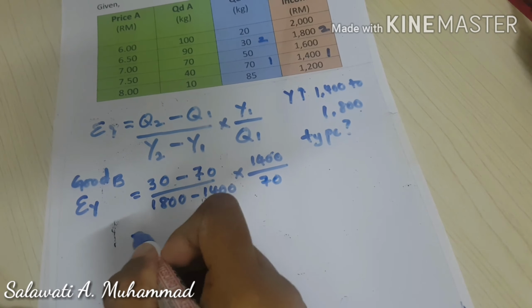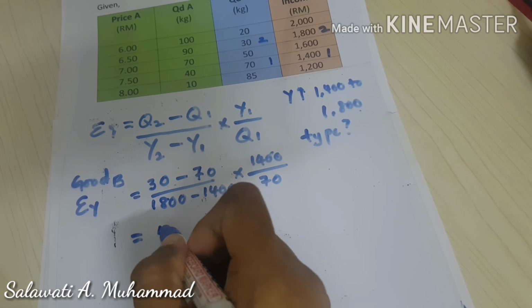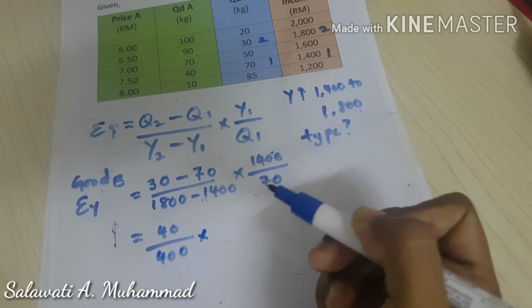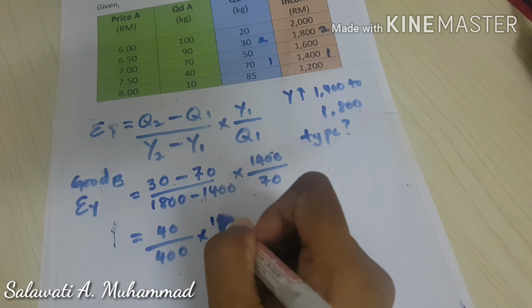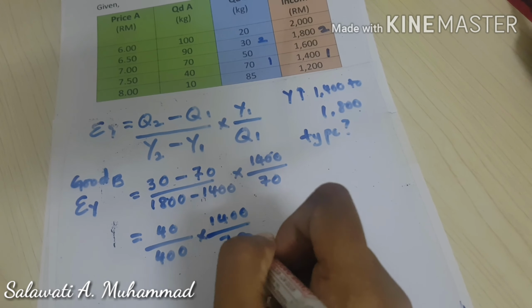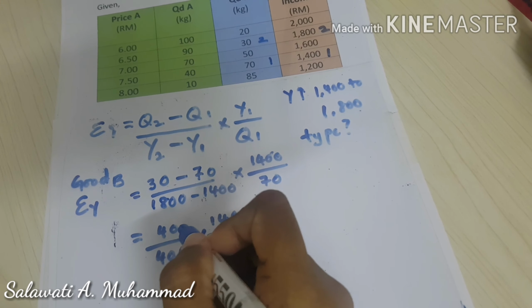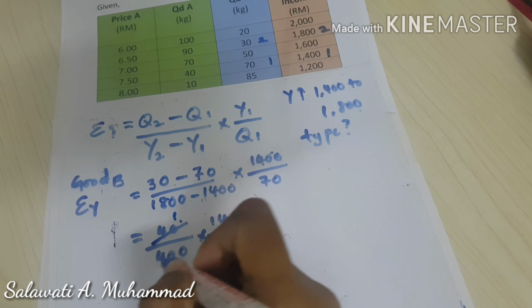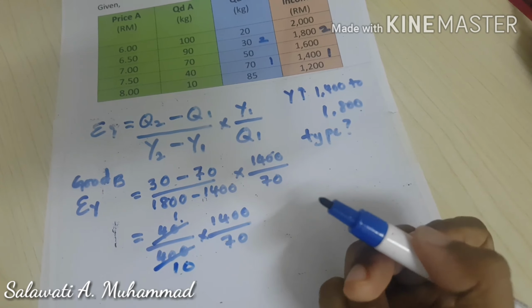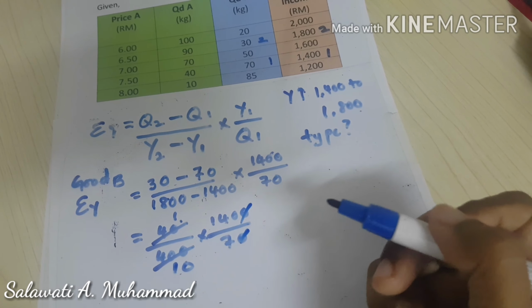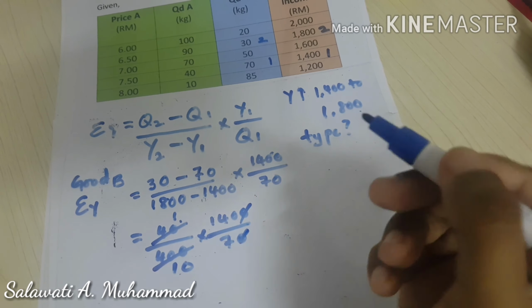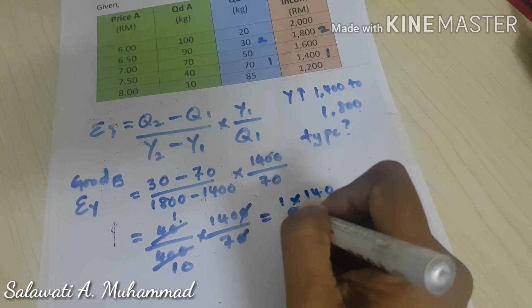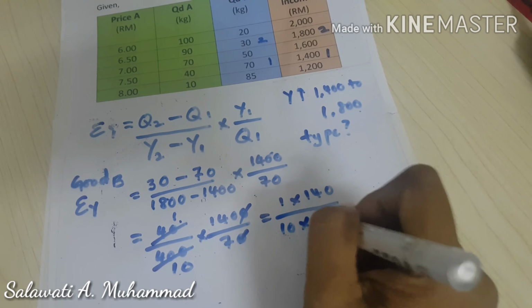Alright, so next, 40 over 400 times 1,400 over 70. Okay, we simplify this, it becomes 10 here, isn't it? So 1 times 140 over 10 times 7.